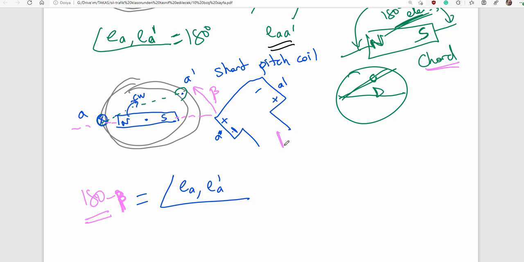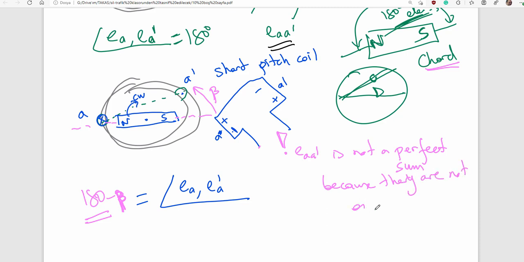Now, ladies and gentlemen, take care. EAA prime is not a perfect sum, because they are not on the diameter, or they are not a whole pitch coil.